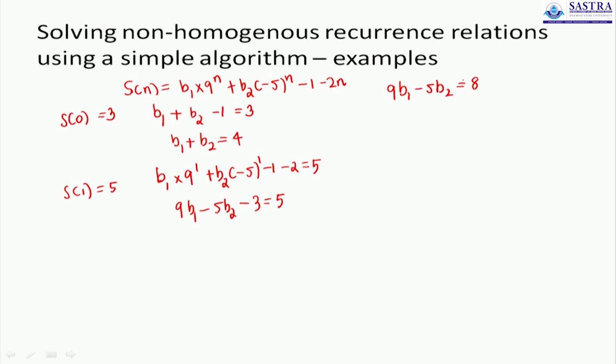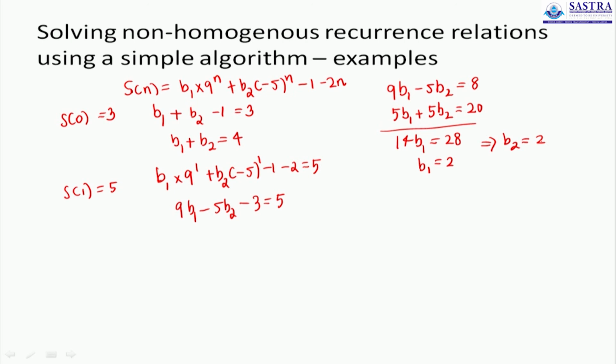So multiplying the first equation by 5, we will have 5 b1 plus 5 b2 giving us 20. Adding the two, we will see that 14 b1 is 28, or b1 is 2. Now if b1 is 2, b2 has got to be 4 minus 2, so b2 is also 2.